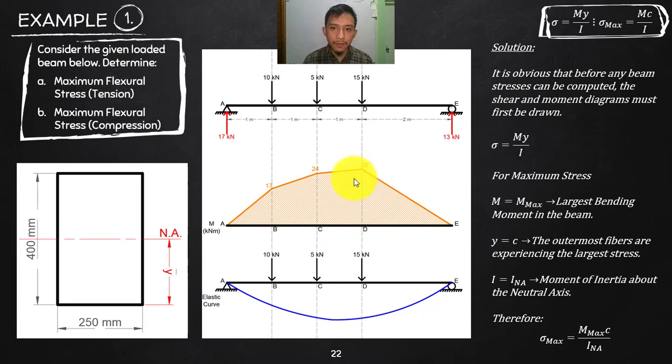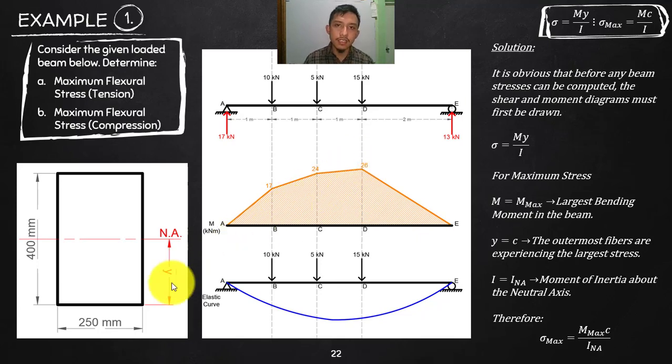So we are finding the maximum tension. If that is a positive moment, you can find the tension below. So if this is the cross section, you can find the maximum tensile here, and the maximum compression here, on the fibers located on the extreme parts. This is your neutral axis.